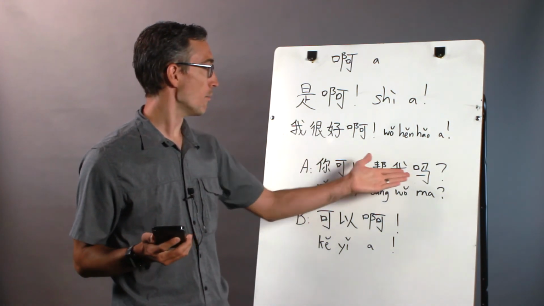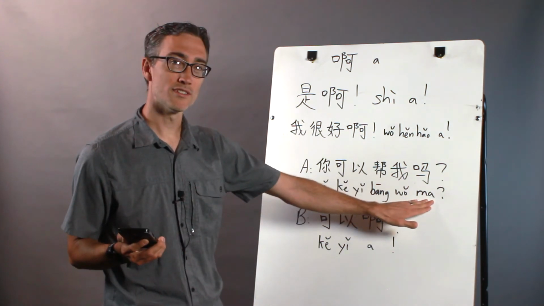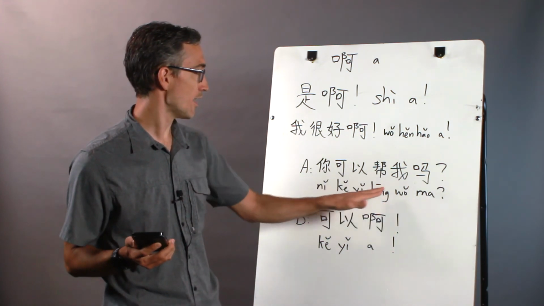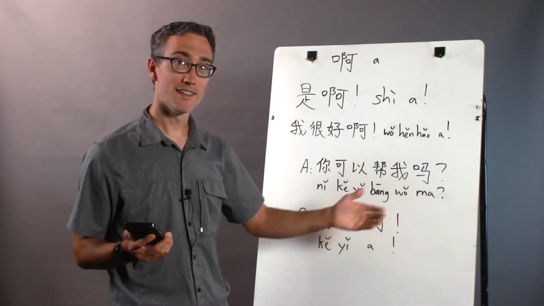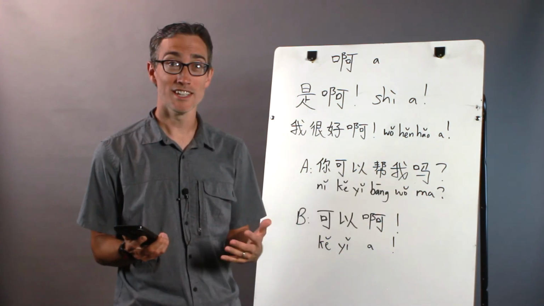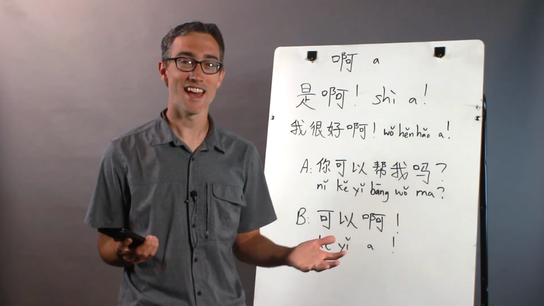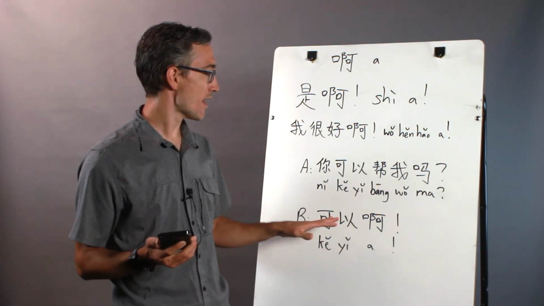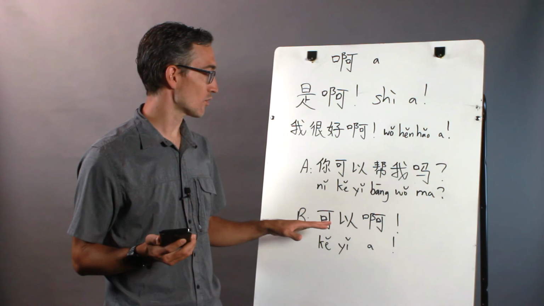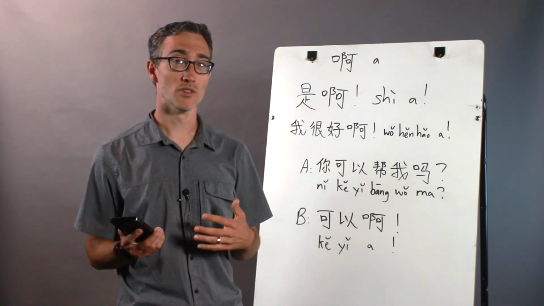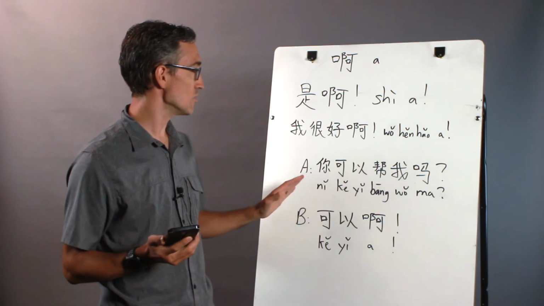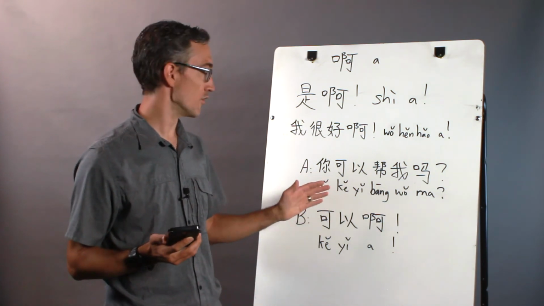Here's a conversation that you might hear. 你可以帮我吗? The ma makes it a question. So the statement is, you can help me. Ma, can you help me? 你可以帮我吗? And the person might respond affirmatively, 可以呀. Yes, I can. In Chinese, when you respond affirmatively to a question, the most common way is to just repeat the verb of the sentence.